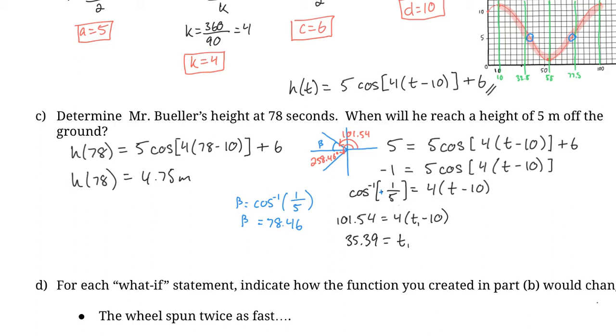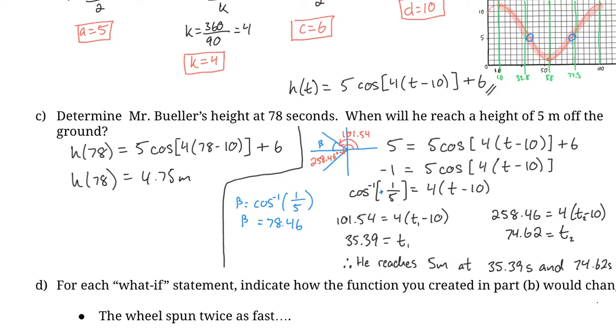And then if we do it again with our second angle, we make 258.46 equal to 4 times (t minus 10). If we isolate for t, we're going to get that t is equal to 74.62. So in one revolution, Mr. Bueller reaches a height of 5 meters at 35.39 seconds and 74.62 seconds.